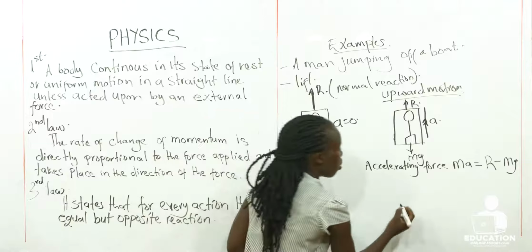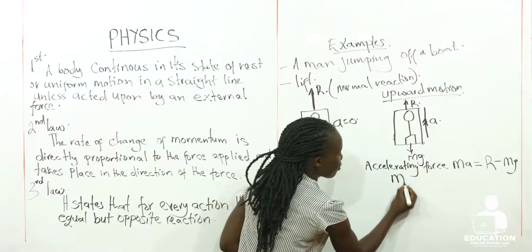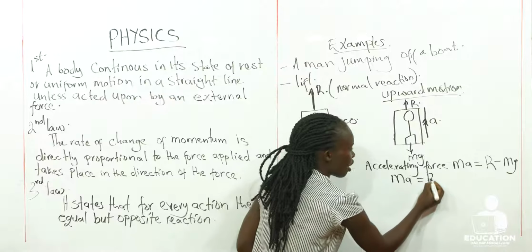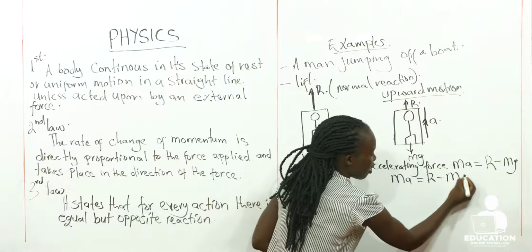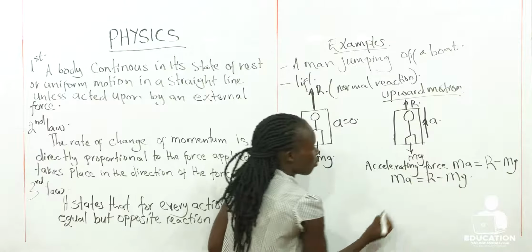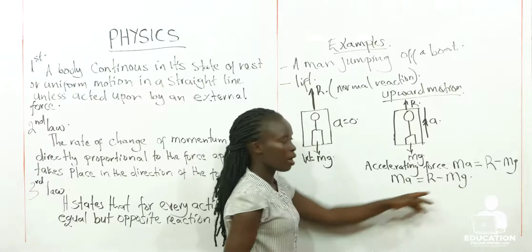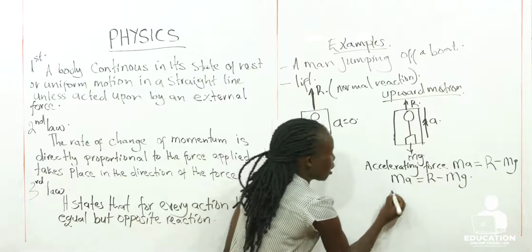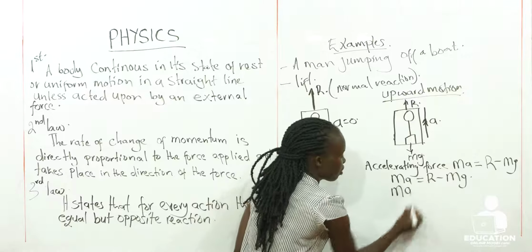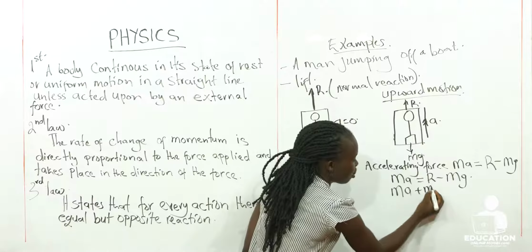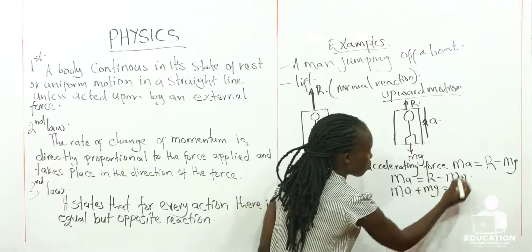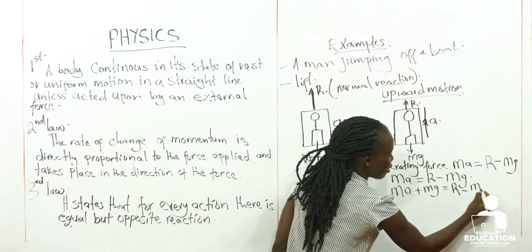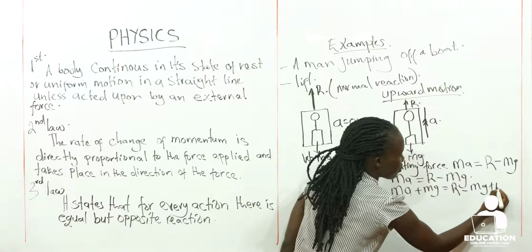You'll see that when you have your ma as the accelerating force, which is equal to the normal reaction minus the weight, we make R the subject by adding the weight on both sides. So we shall have ma plus mg, which will be equal to R minus mg plus mg.